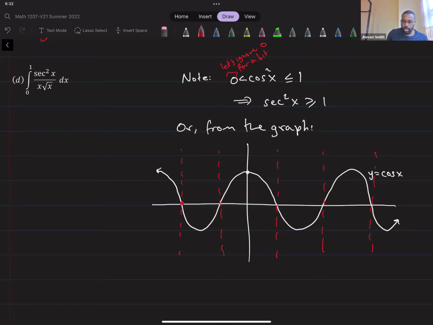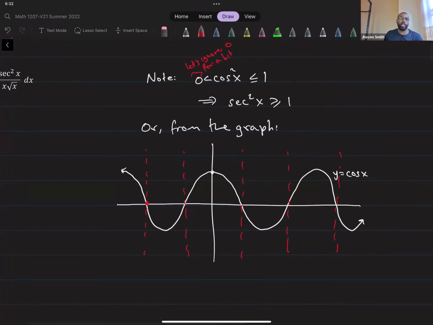However, everywhere else, it has this reverse relationship. If I have a very small number here and I take 1 over that number, it actually gets larger. So if I plug in this point from the cosine and take its reciprocal, it jumps up higher.